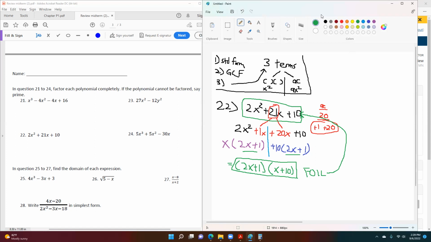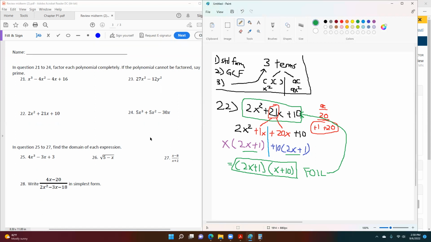Questions on factoring? So it's possible to even get to that point and still have the wrong answer? Mm-hmm, because you make a mistake that you didn't see. Yeah, you can make a mistake. So if you have time in my test, please FOIL it out to check your answer.